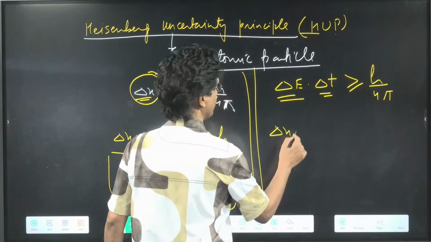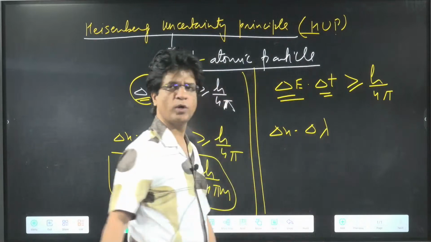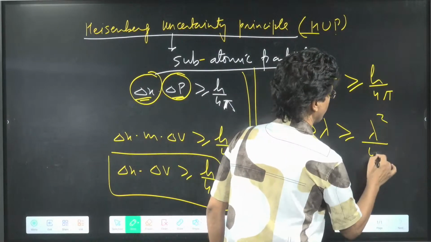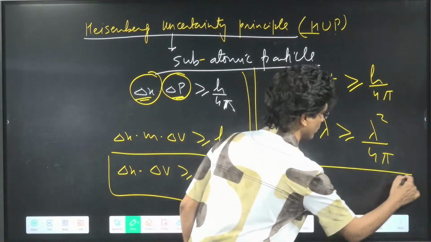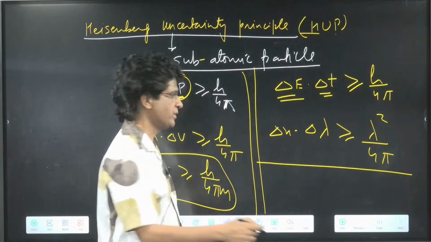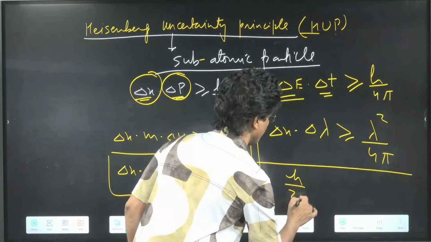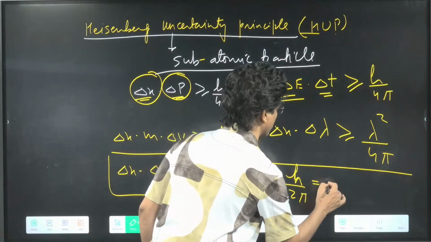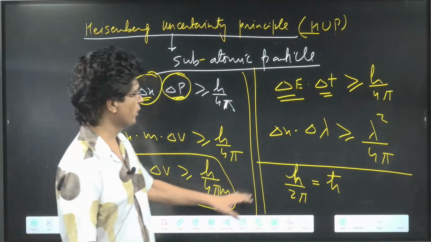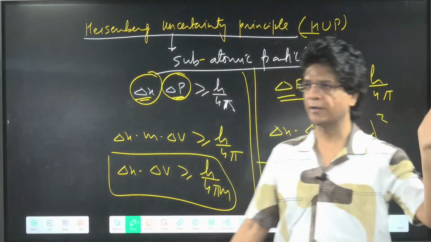Furthermore, delta x into delta lambda, where lambda is the wavelength, is more than or equal to lambda square upon 4 pi. One more thing you should note down: sometimes h upon 2 pi is also called h bar. So these things will go a long way because they can ask you anything.